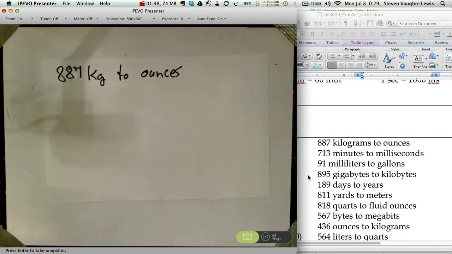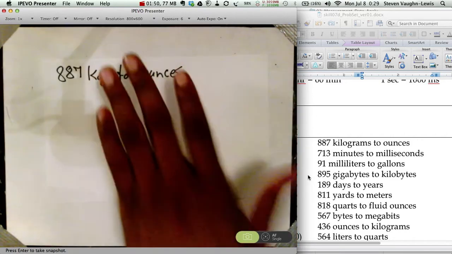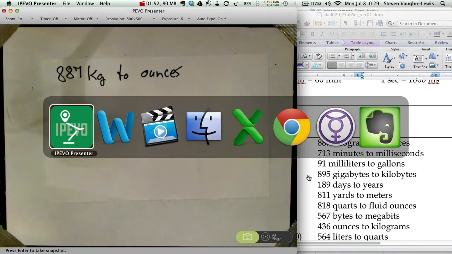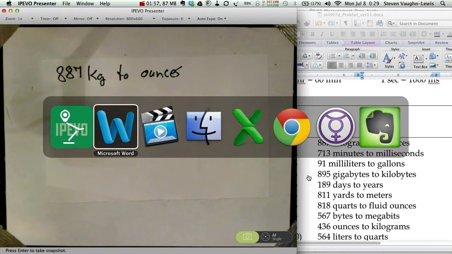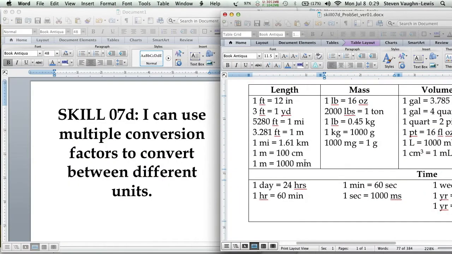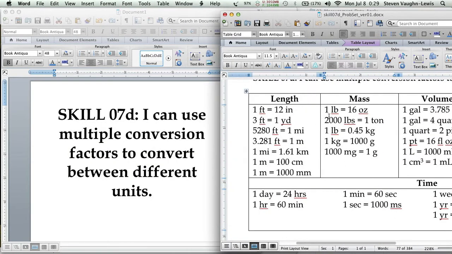So this is what we have to do. We need to be a little bit creative and look at what's given to us a little bit more closely. This is what's given to us right here. This is what we know.